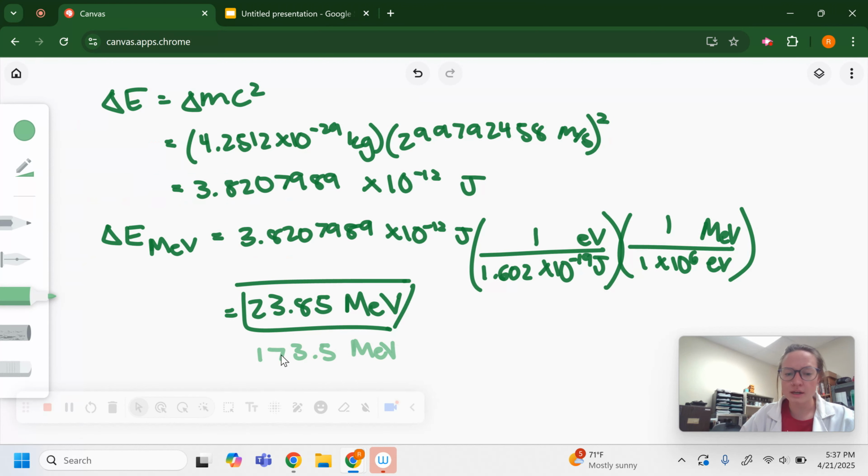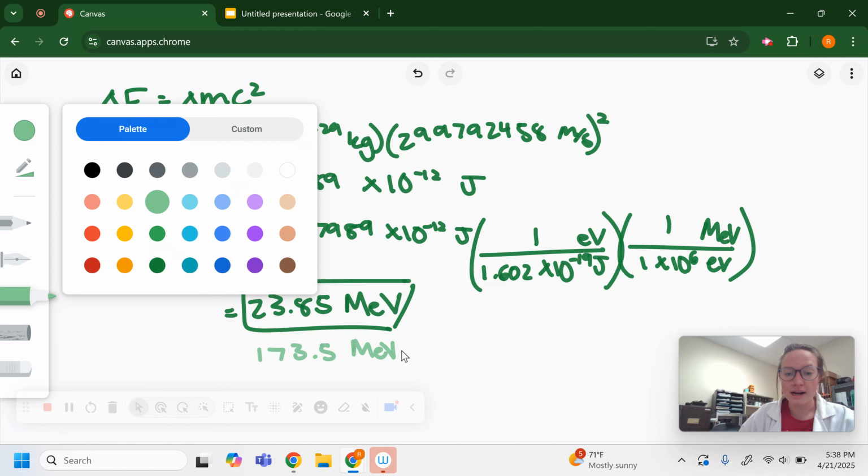So a lot of students will look at this and say, fission is more powerful than fusion. But that's not true. Remember that uranium is way bigger of an atom than hydrogen is. If we look at the amount of energy released per nucleon, like how much energy is released for every proton and neutron, we'll start here.